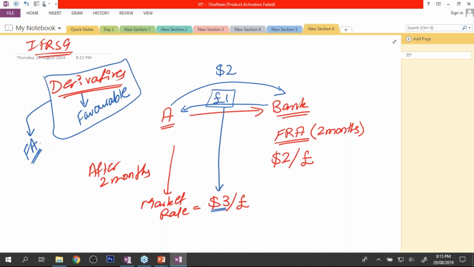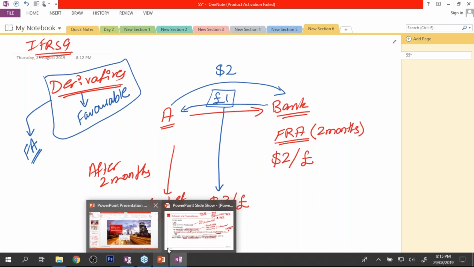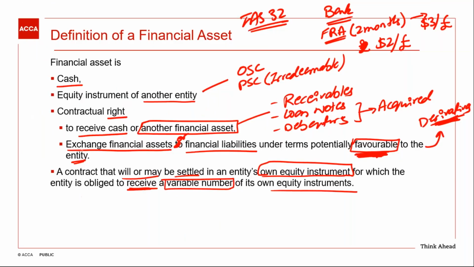Okay, a lot of people are getting it now. So good. So according to this bullet, exchange of financial assets or financial liabilities under terms potentially favorable means all of the derivatives which are favorable to us will be called a financial asset.